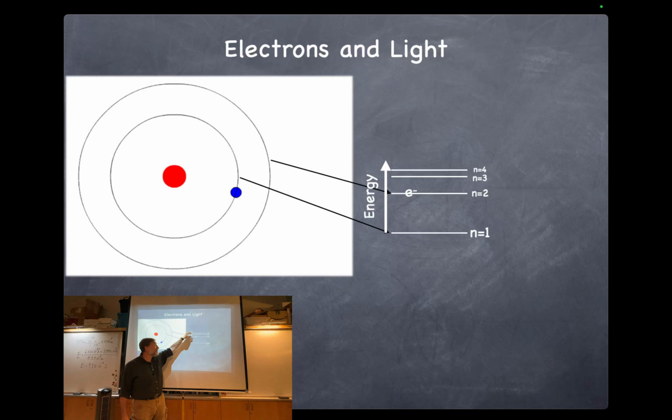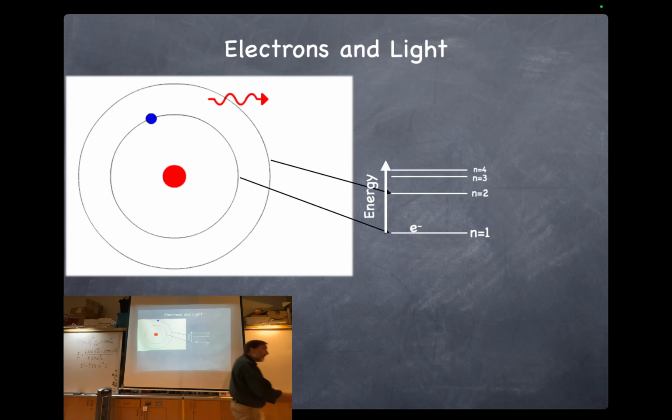And when it drops back down, it has to release that exact amount of energy, giving a very specific color or energy of photon. Each jump is a specific difference, a specific energy, a specific color or wavelength of light.